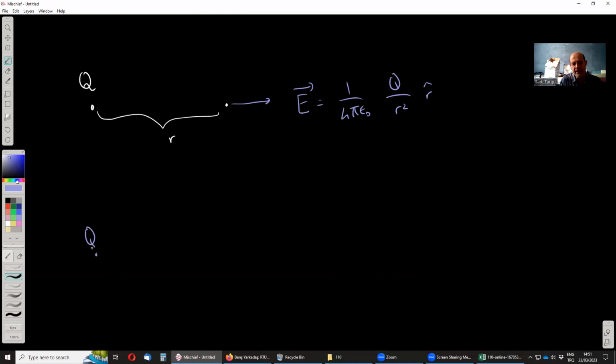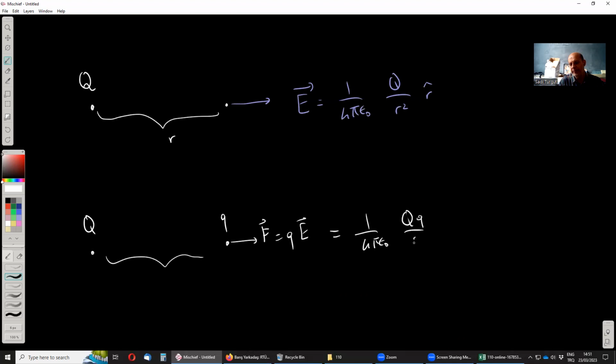If I have this point charge in here and another point charge at that location, the force on the other charge is basically Q multiplied with that electric field. Therefore, we recover Coulomb's law in here.